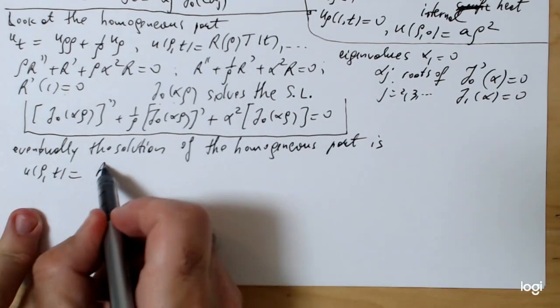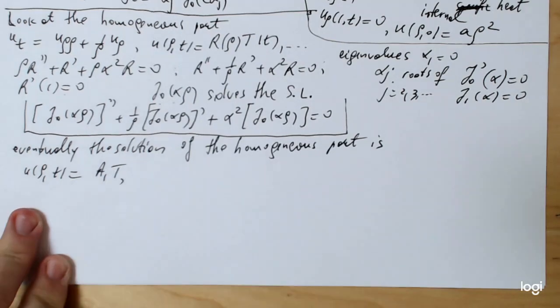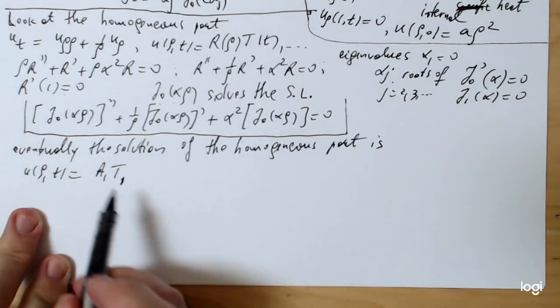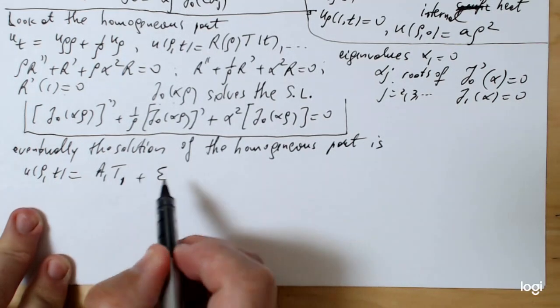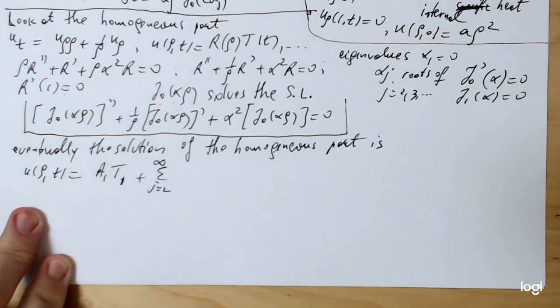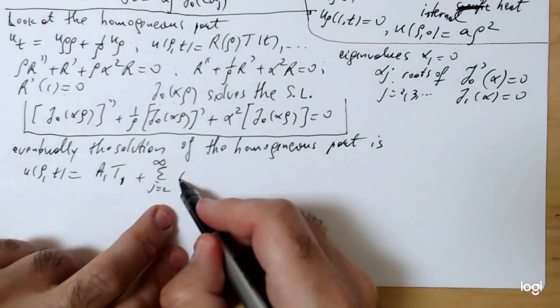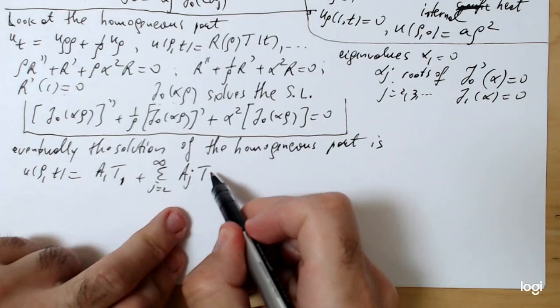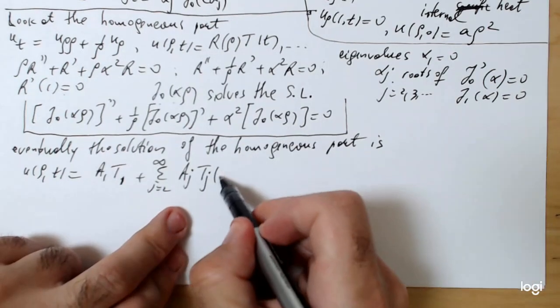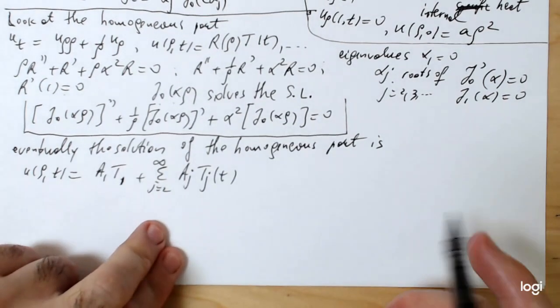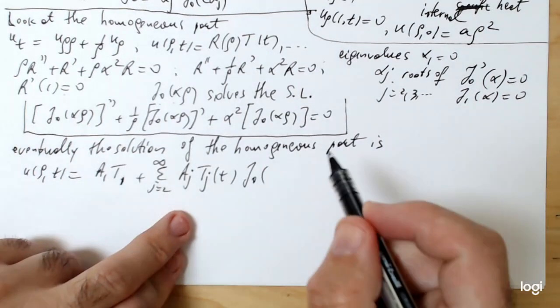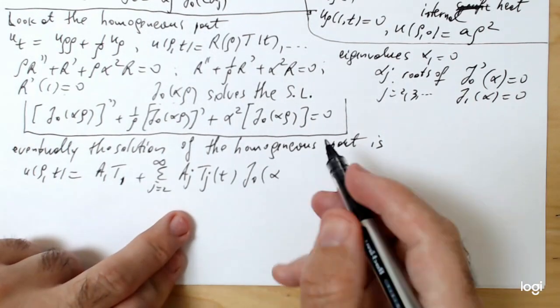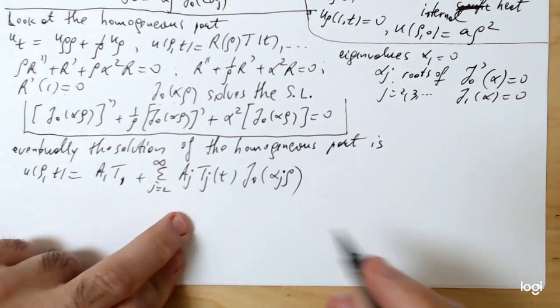Some constant a1 times T1, the solution for the corresponding equation in t, and then a summation from 2 to infinity involving the rest of the Bessel functions, some coefficient aj, some solution Tj of little t, and the Bessel functions coming from the Sturm-Liouville problem, J naught of alpha j rho.